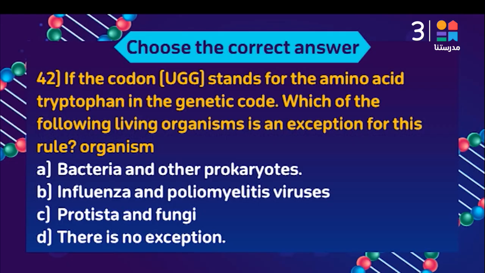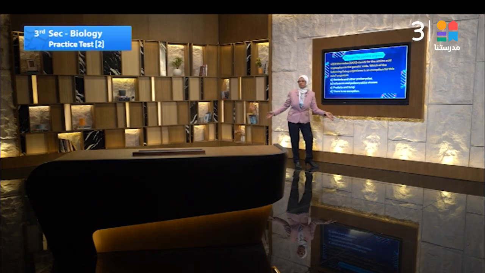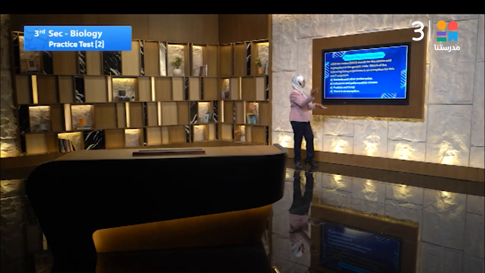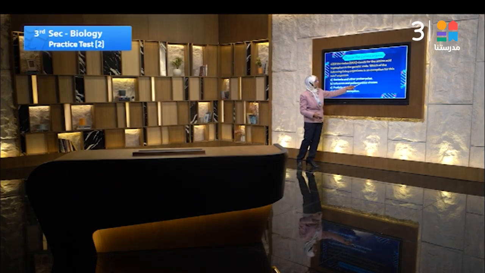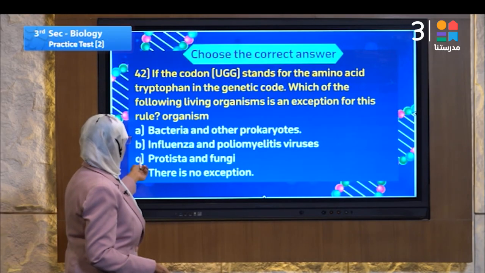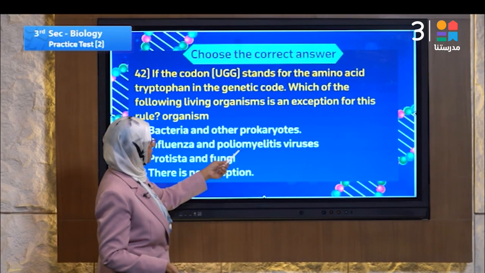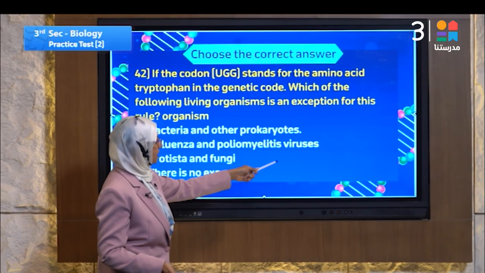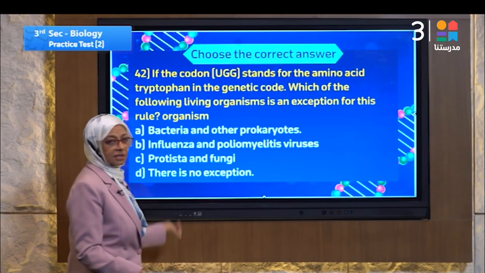In the genetic code, which of the following living organisms is an exception to this rule? There is no exception. Let's read the choices and find the answer. Bacteria and other prokaryotes, no exception. Influenza and poliomyelitis virus, no exception.